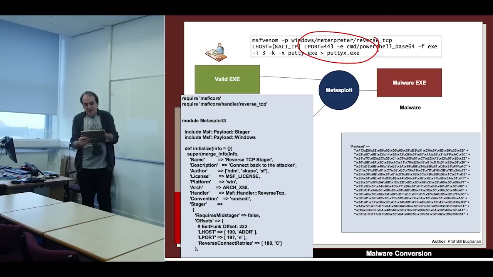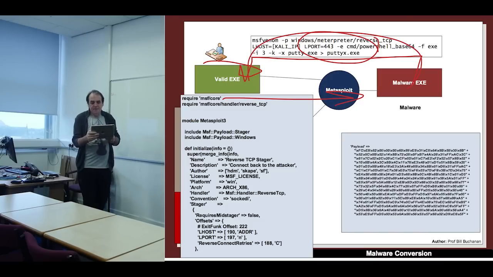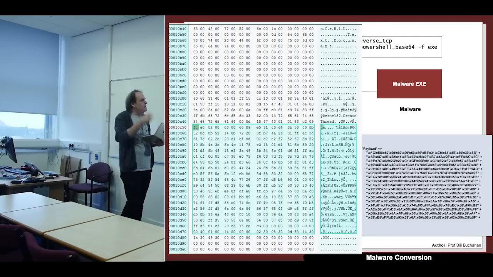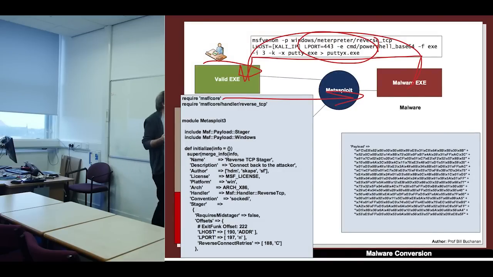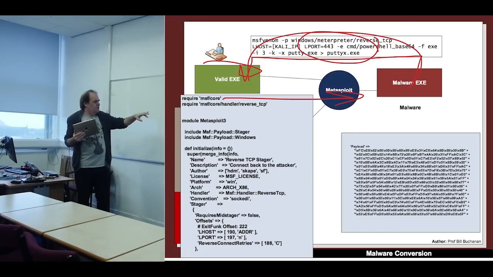Most of the malware you don't contact; you wait for the dial back to happen, because most people will sit behind NAT. And this is the exe here, this is the injection of the code. So this is taking the PuTTY code, and you actually see that the payload that MSF Venom has added is in one of these files.